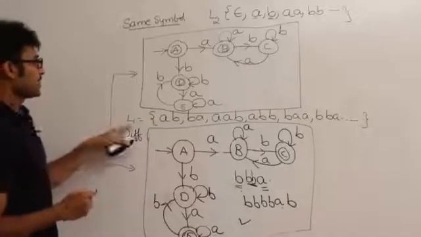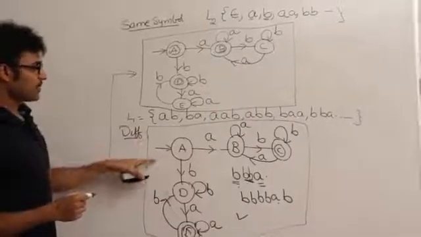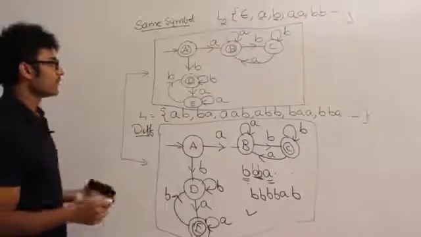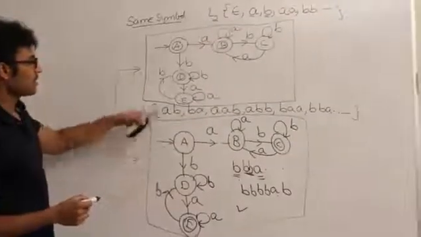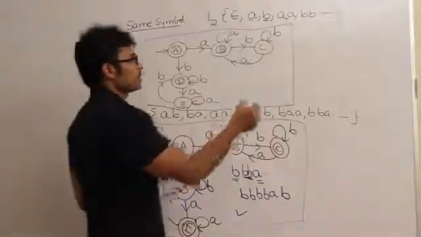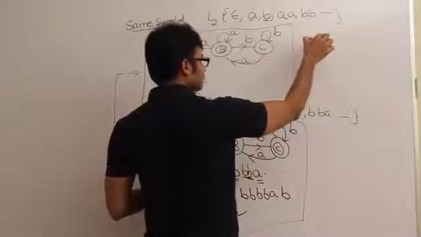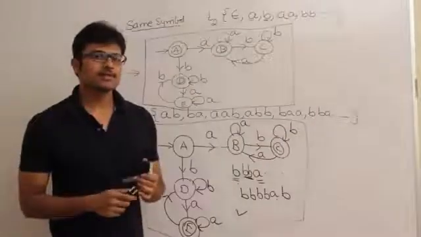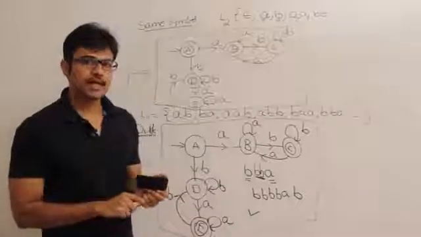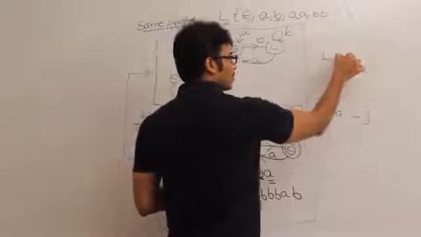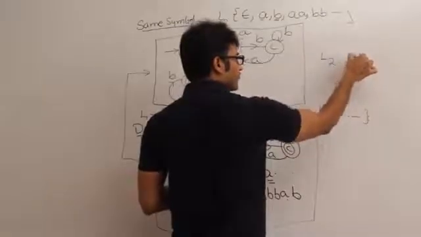If L1 represents a language accepted by this DFA, L2 represents the complement of it. In fact, the languages are complemented, therefore we get the DFAs as complemented. So let me do something here. Complementation. First of all, a language is said to be the complement of another language if I can get L2 by removing L1 from the universal set.